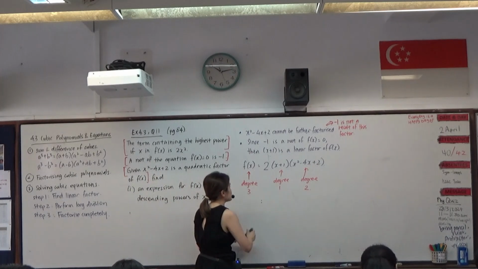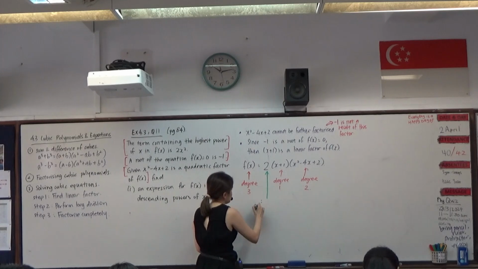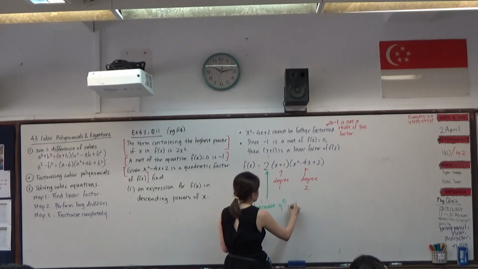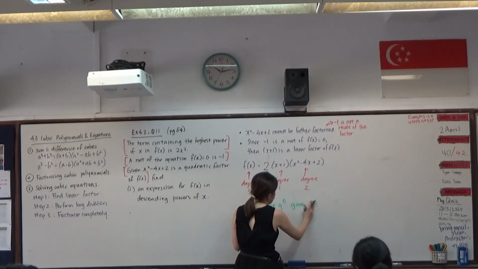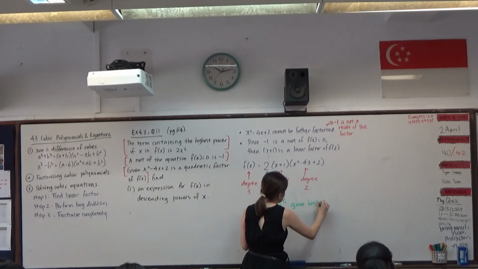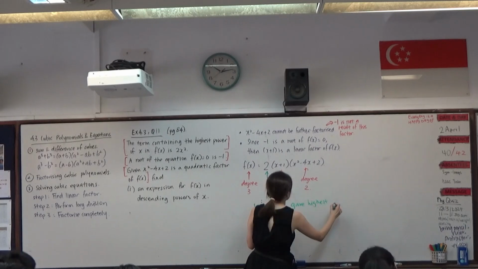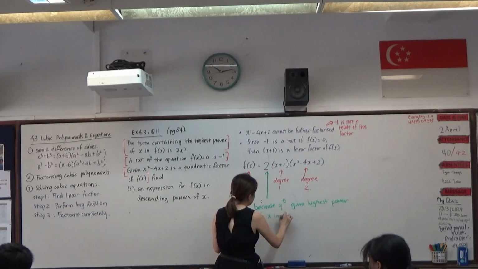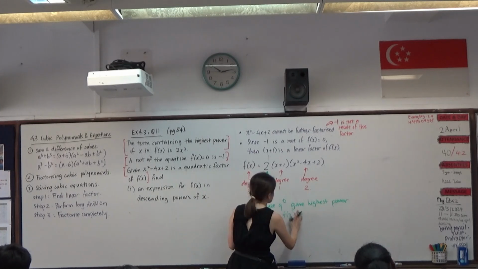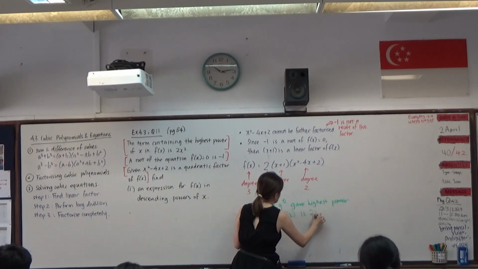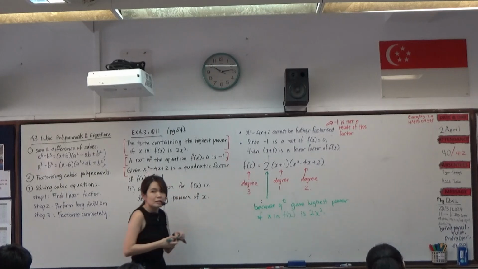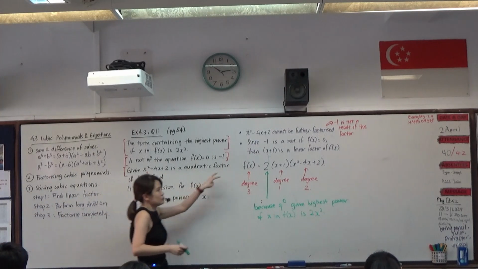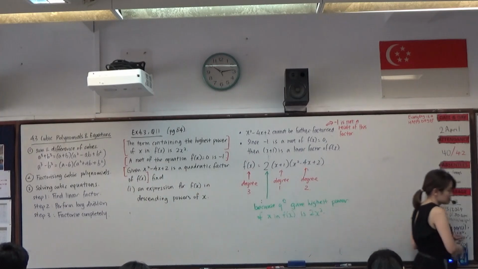So this 2 itself is because the question said that the highest power of x in f(x) is 2x cubed. Okay, so it's purely by fitting all the pieces together to come to this conclusion.